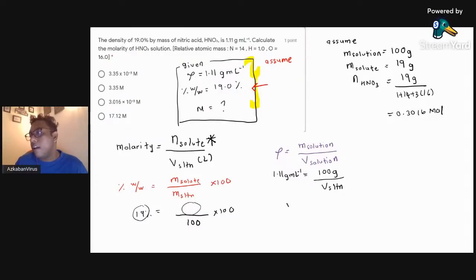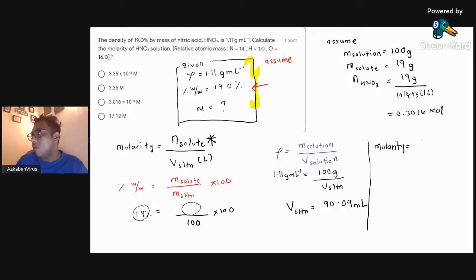You will get V solution equal to 90.09 milliliter.